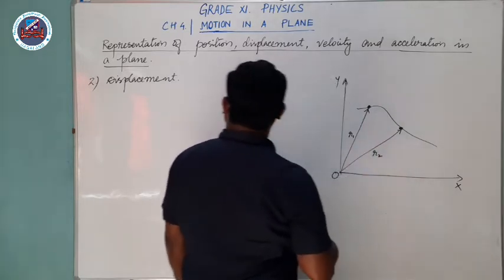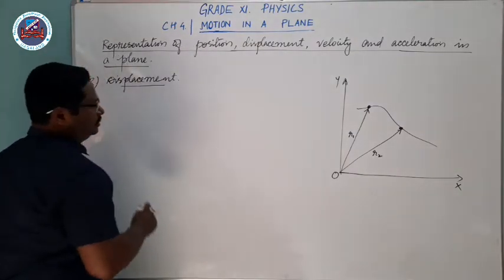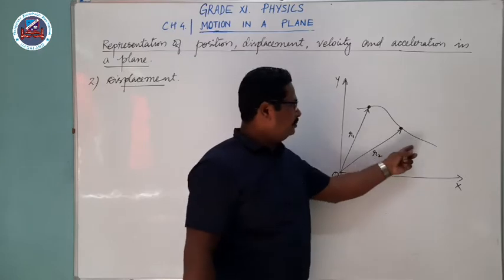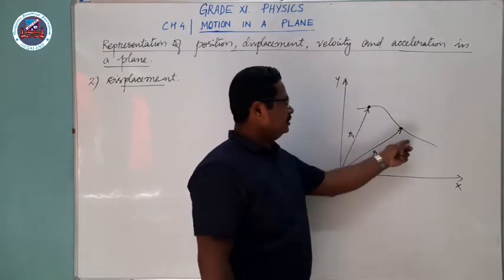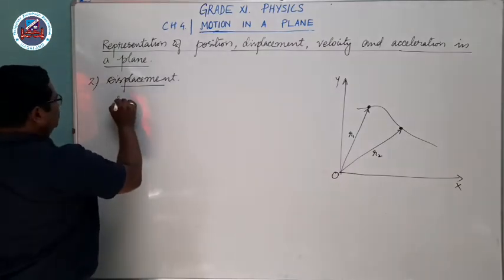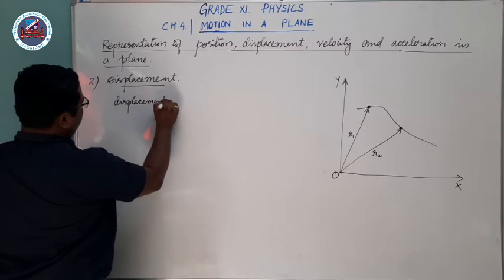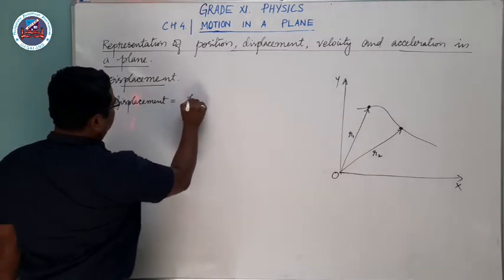Displacement, as we know, is a change in position. So it will be the final value R2 minus R1, final position minus initial position gives us displacement.